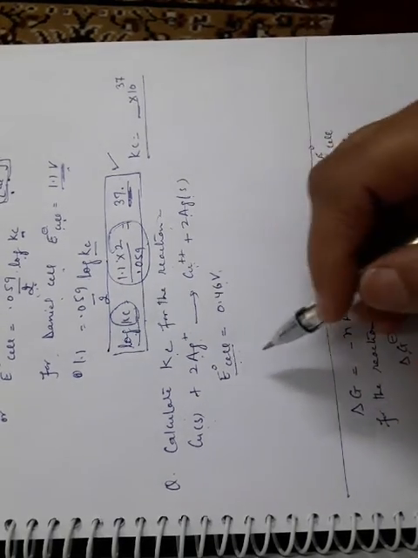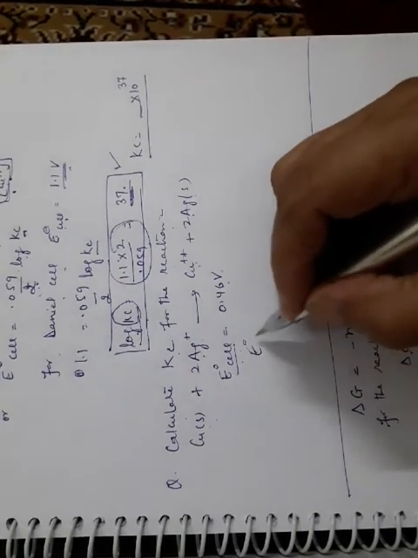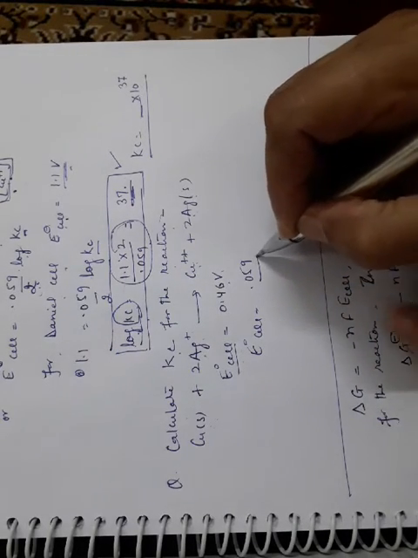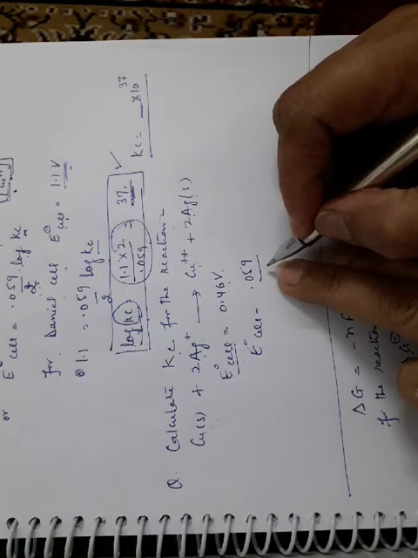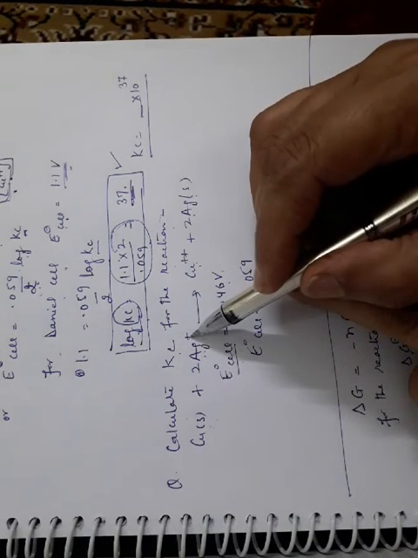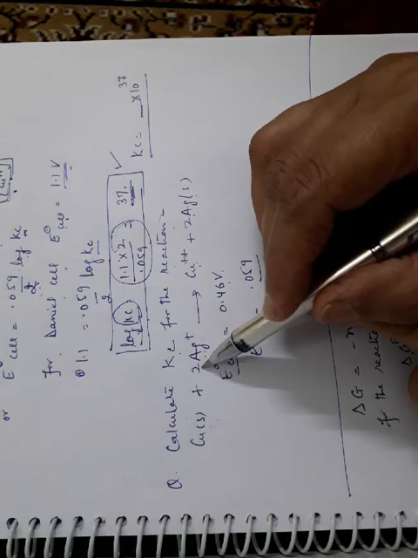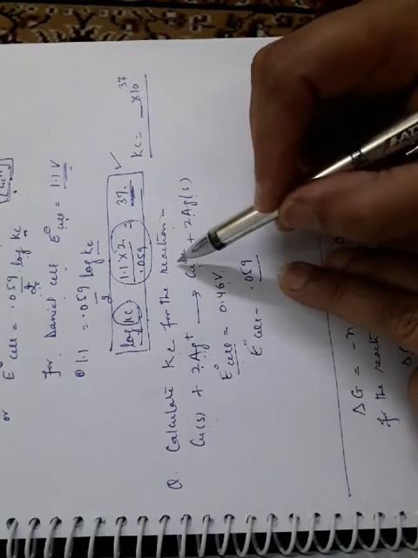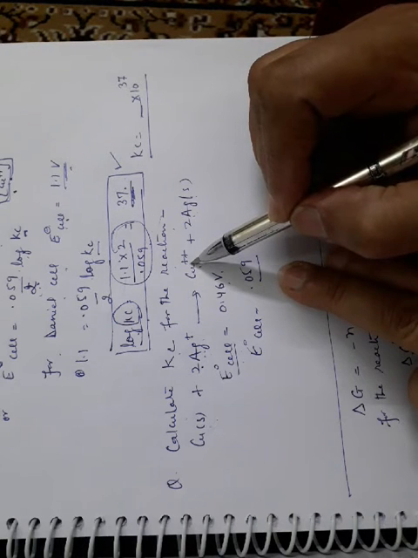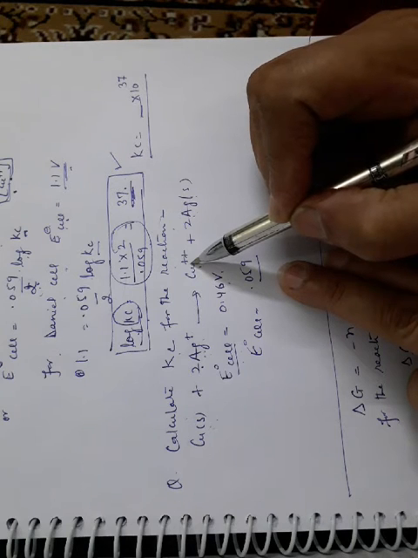Following the same equation, E naught cell is equal to 0.059 upon n log Kc. What is the n value here? The n value is again 2. Though this is Ag plus, there is a stoichiometric coefficient 2 added because the number of electrons lost must equal the number of electrons gained.